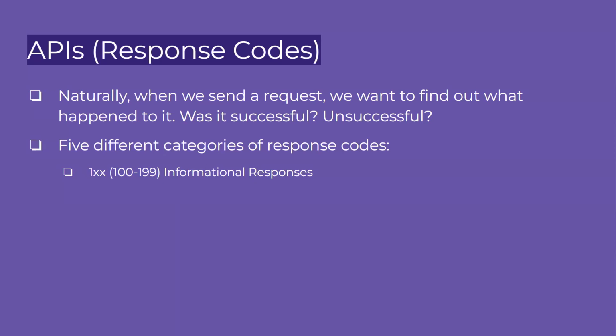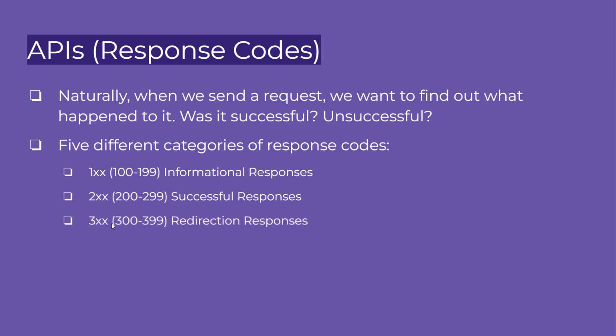So they're often used to signal that the server is working on the request but hasn't completed it, or is giving us a purely informational response. Now we have 2XX, so 200 to 299, which corresponds to successful responses. What that means is that our request was successful, and we usually are getting the expected response if this is the case.